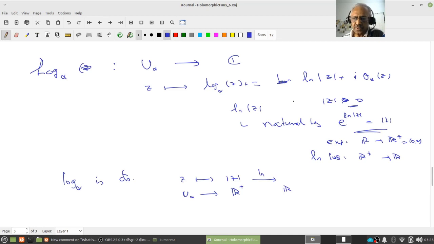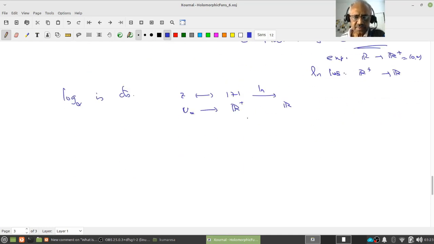Therefore the composite function is continuous, and by construction theta alpha is continuous, so I times theta alpha is continuous. Therefore log alpha, being a sum of two continuous functions, is continuous. Next, remember the thing is it's a bijection. I have a map. So now what do I want?